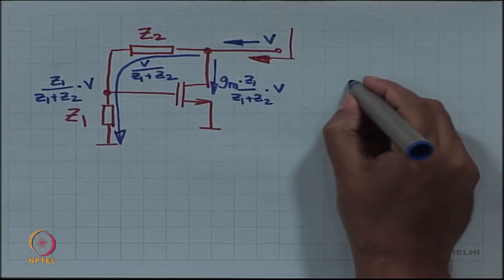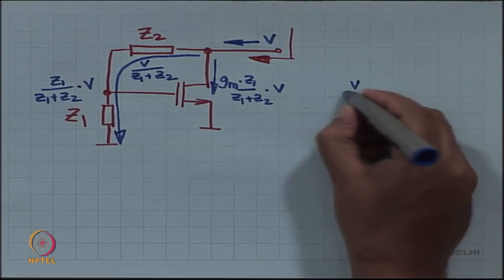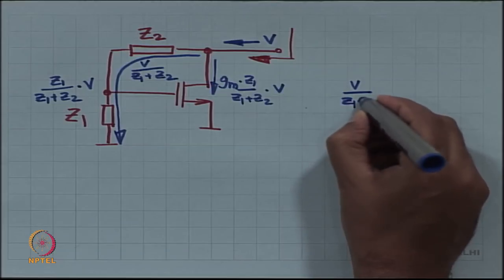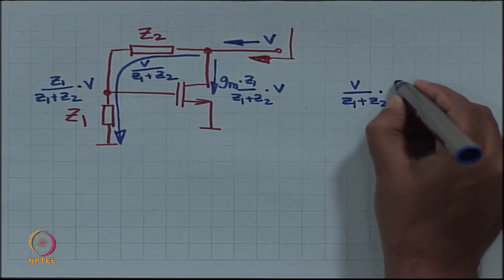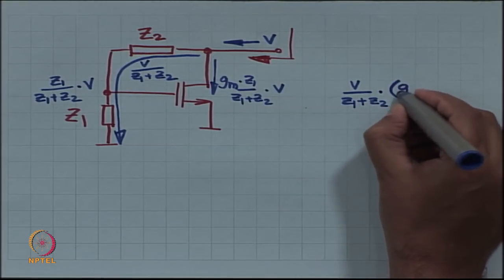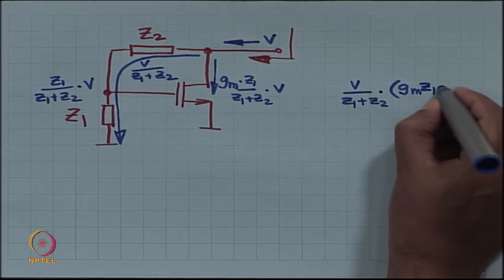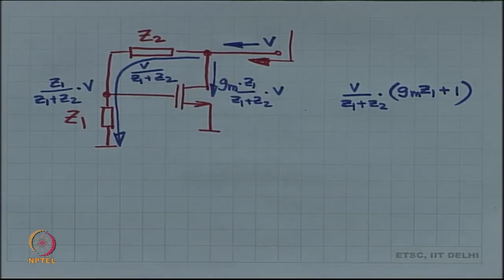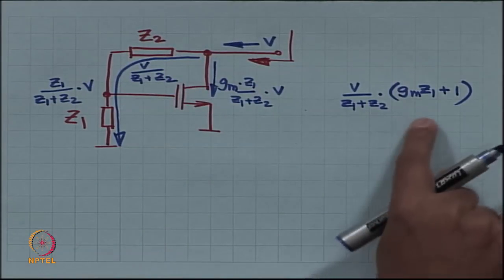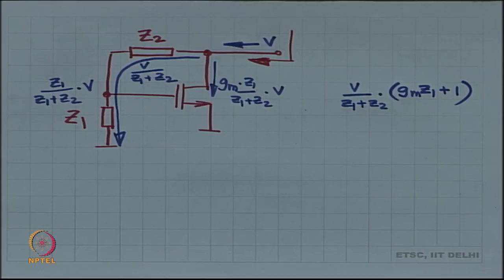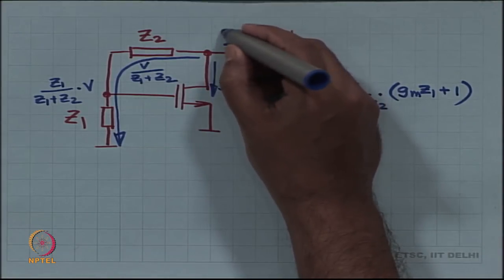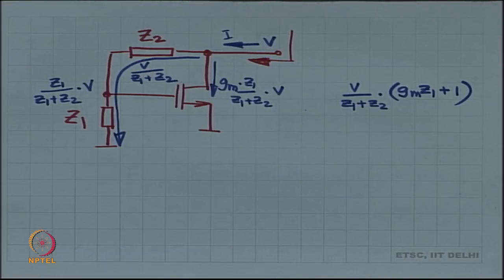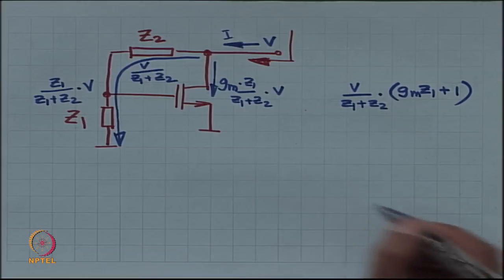So, you get V by Z1 plus Z2 times GM Z1 plus 1. Okay, that is the sum of the two currents coming in. So, if this is I, actually there is one more because of RDS. So, let us add that also.